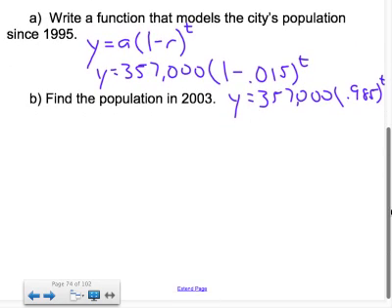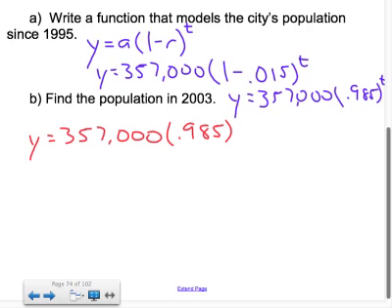Okay. Part B says find the population in 2003. Well, from 95 to 2003, that's 8 years. So what that tells you is plug in 8 for t. So 357,000 times 0.985 to the 8th power. Okay, and at this point, this is where you'd have to have a calculator.